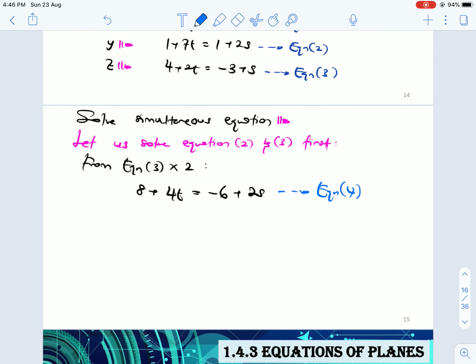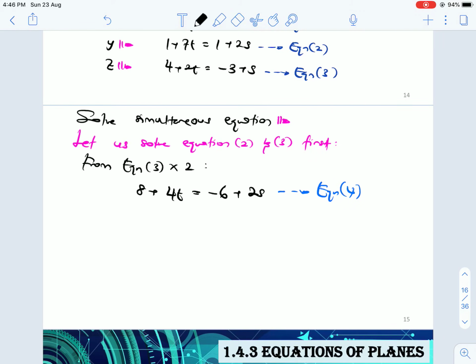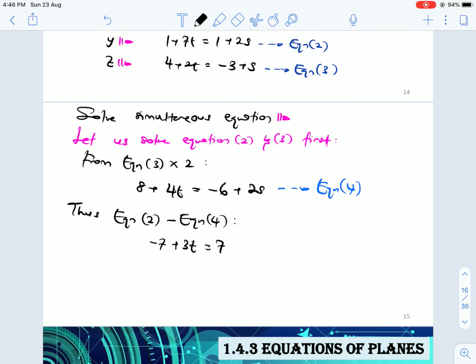So now equation 2 minus equation 4. 1 minus 8 is negative 7, 7t minus 4t we get 3t, equals 1 minus negative 6, we get 7.